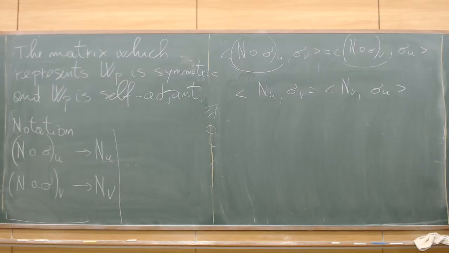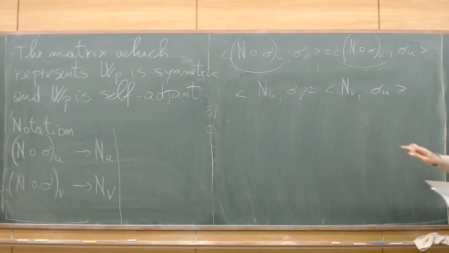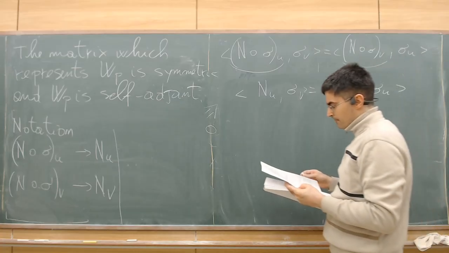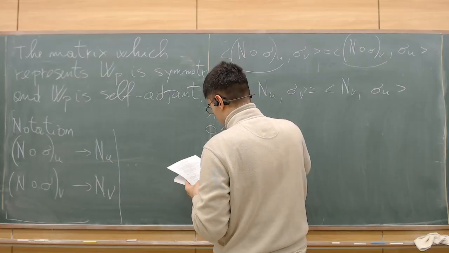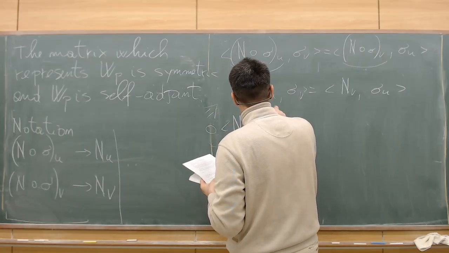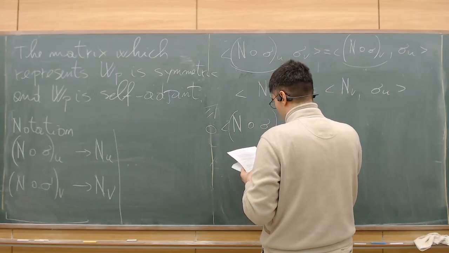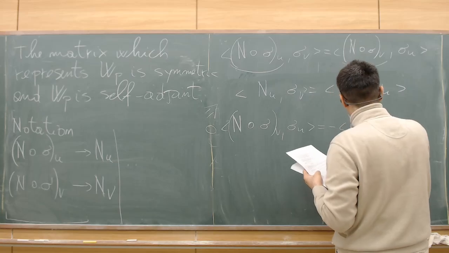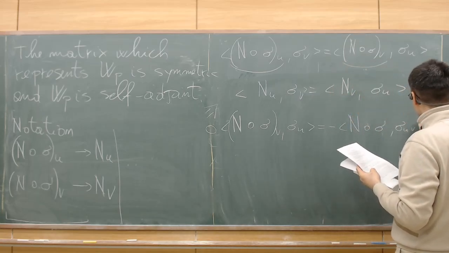We saw before that N composed with sigma V sigma U is equal to minus N composed with sigma UV.